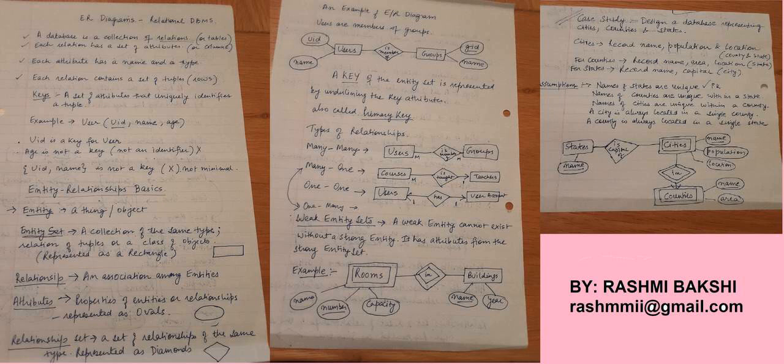Name is the primary key, so unique to the buildings, and year is the year that the building was built. Now buildings have rooms, right, or rooms are in the buildings. Rooms cannot exist independently, so they are a weak entity, and so they are represented by the double rectangle.